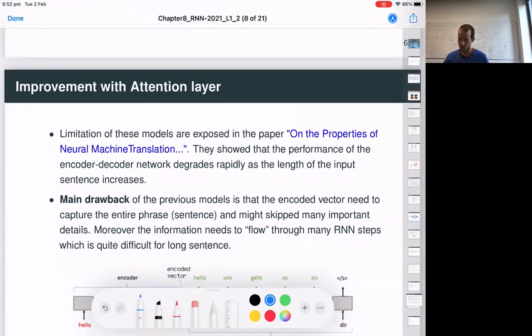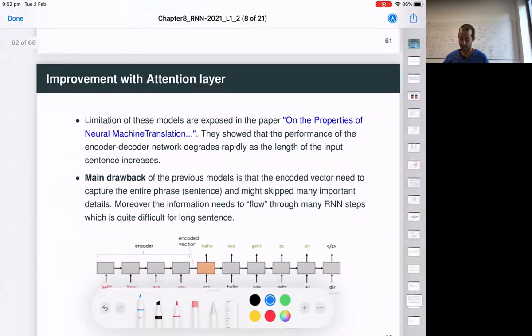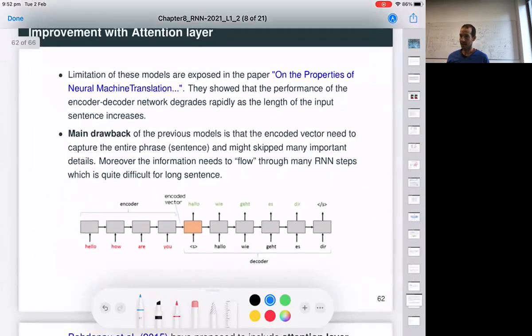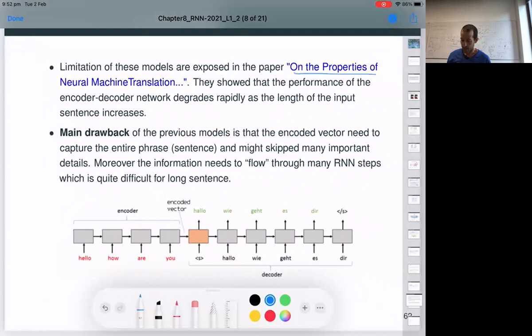We arrive at the new stuff. Limitation of this model: in a nice paper, they show that the performance of encoder decoder degrades rapidly with the length of the input sentence. So they show this. So how to do better? This is the main drawback.